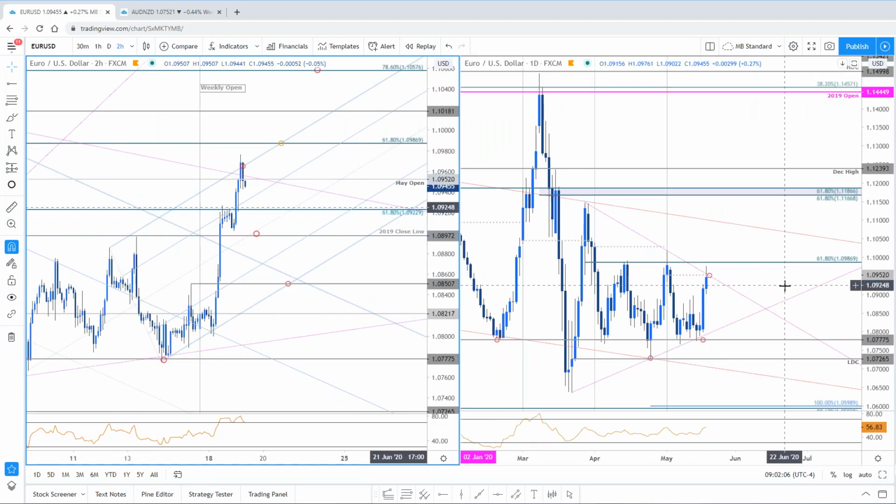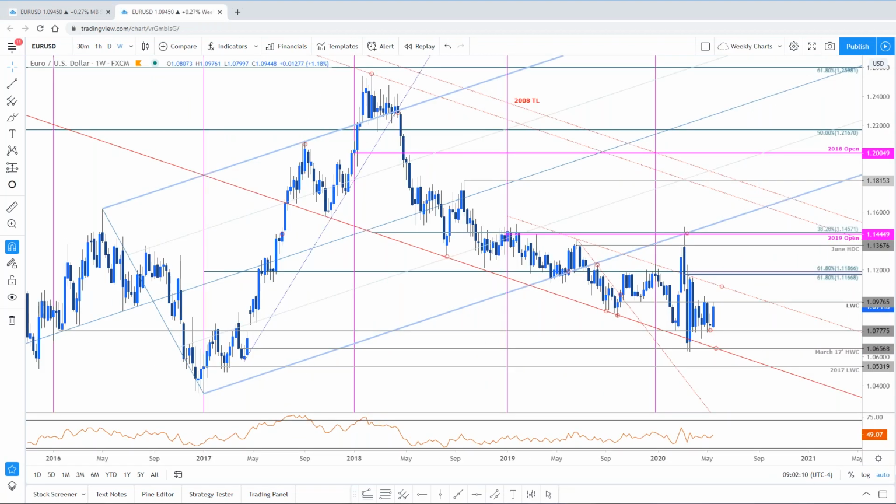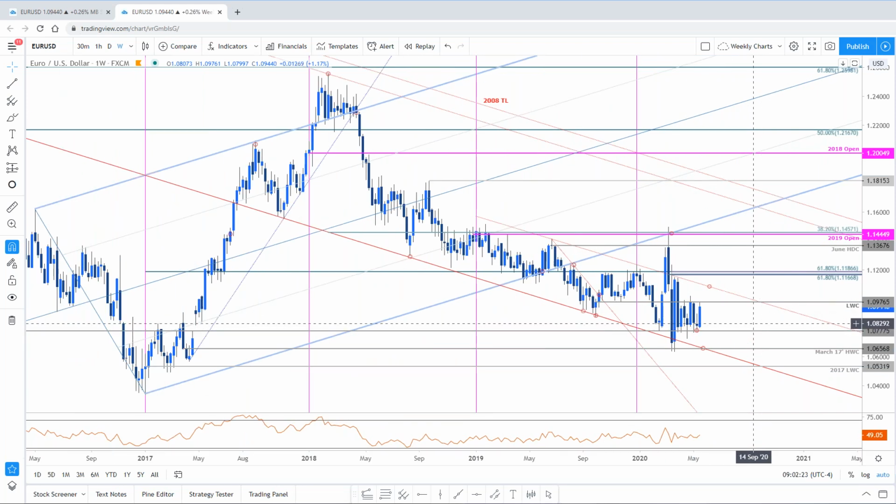Again, here's the daily chart and a quick roundabout for the weekly chart. Here's Euro. Remember that range that we talked about literally for the last 5 weeks? 107.77, 109.76. Here we are, ping pong. Definition of a range.